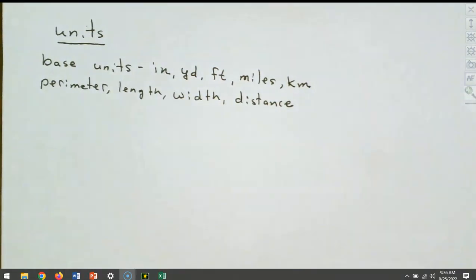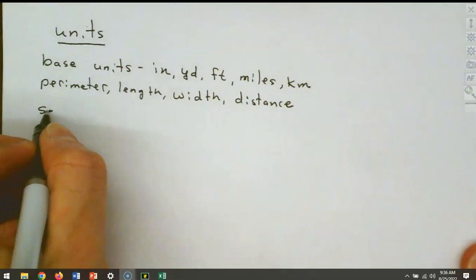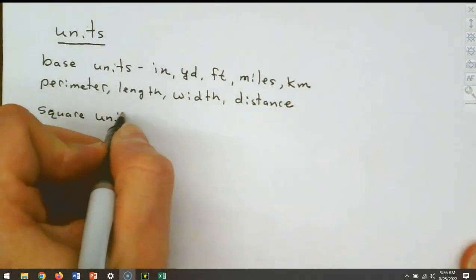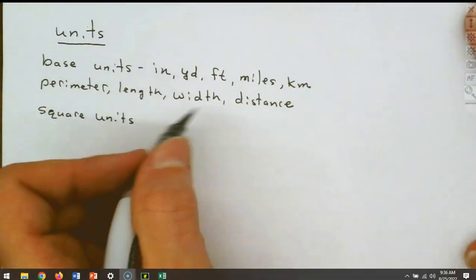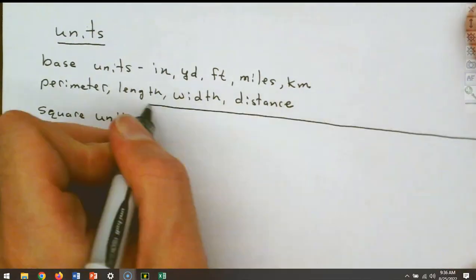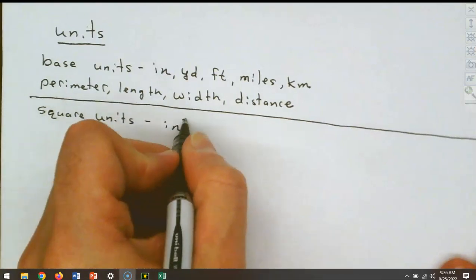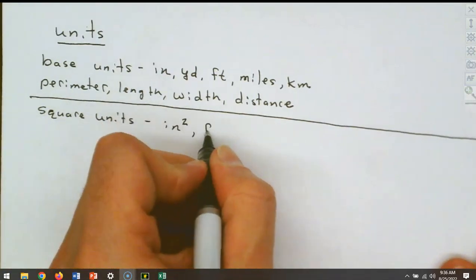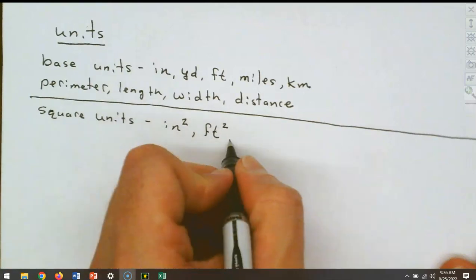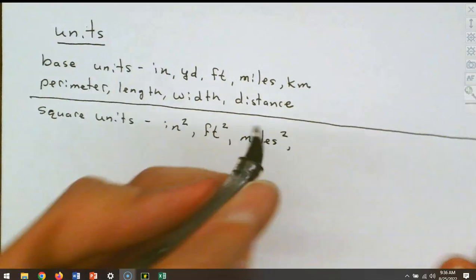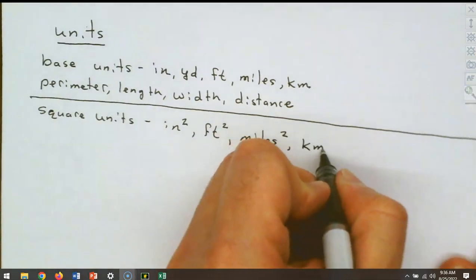Now, once we use those, then we look at the square units. And when do square units come into play? Well, square units are going to be an area. So when we talk about square units, that's things like square inches, square feet, square miles, maybe even square kilometers.